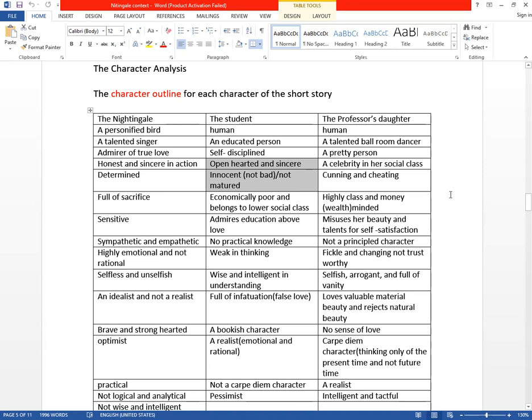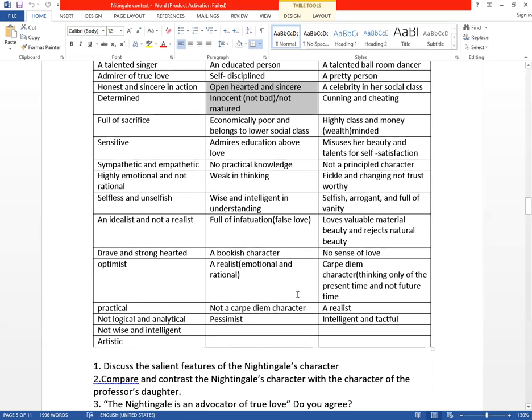Because he believes that education and knowledge is the best wealth he has. Next paragraph.